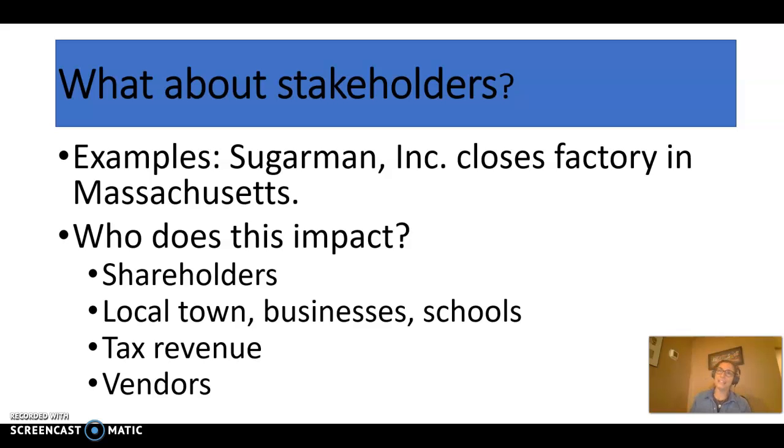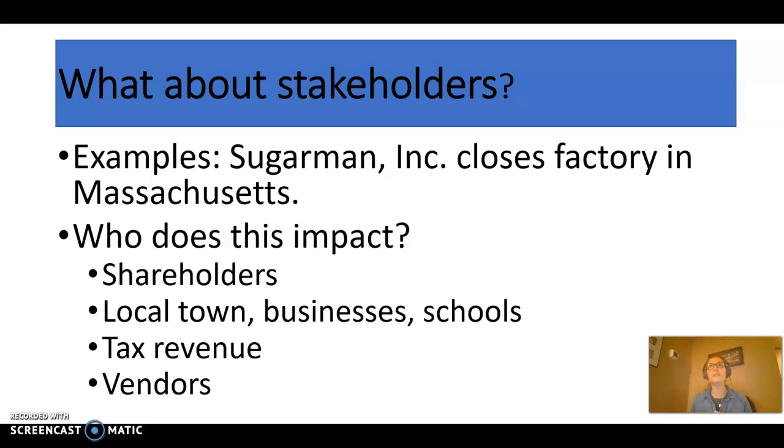The law says, yes, corporations, clearly you should be thinking about shareholders, because if not for the shareholders, the business would not exist. But business officers and directors are permitted under the law to also take into account how their business decisions impact individuals and entities other than shareholders, the stakeholders, the local town, the businesses that are around it, the vendors, the employees.